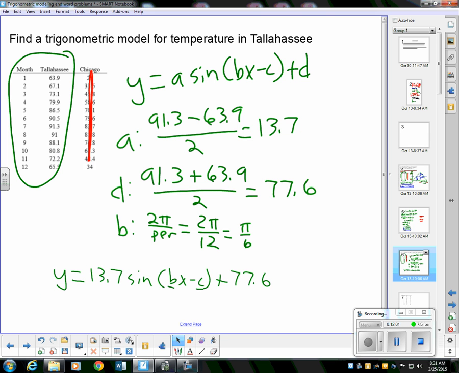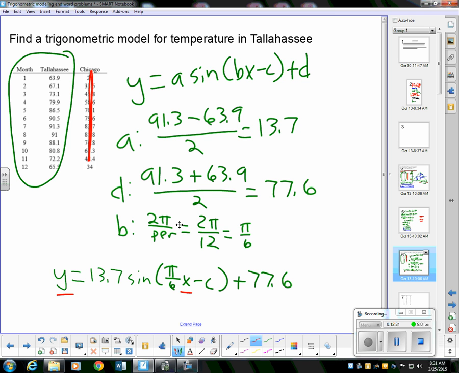All right, so I'm going to erase this part and rewrite it: sine of pi over 6x minus c plus 77.6. So now the only thing left to find is c. Algebraically, c is found by plugging in a number for x and a number for y and solving for c.